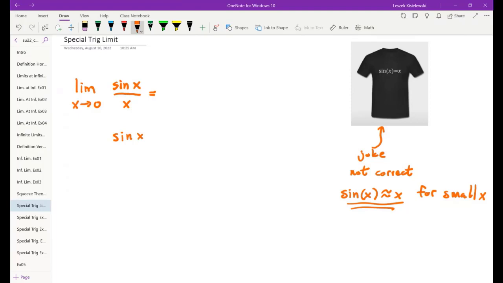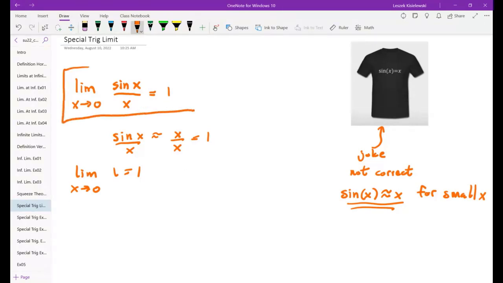We know that x is close to 0, so sine of x is going to be approximately x. If we now divide by x, sine of x over x should be close to 1. So we guess that since the limit of a constant is the constant, the limit here should be 1. And this is correct.